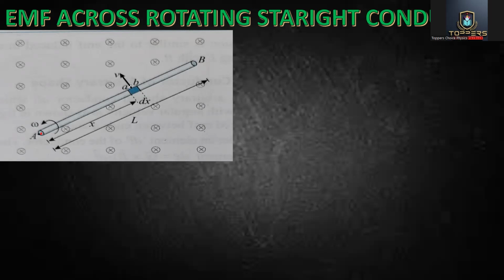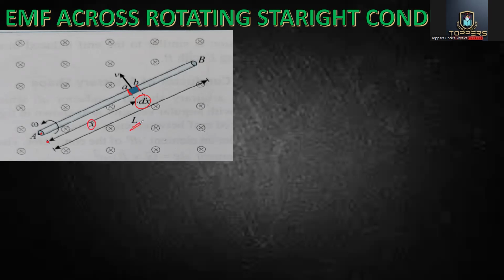First of all, we take a small portion over the rod, depicted as dx, and the distance of that portion from the origin is x, and the total length of the rod is L, correct?